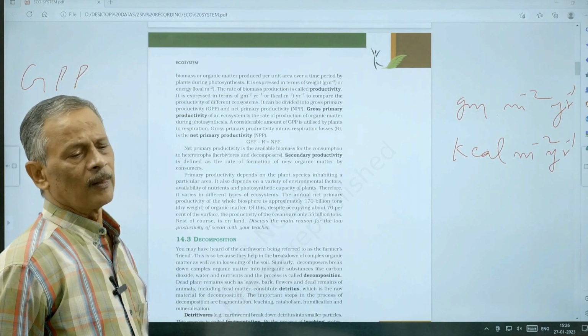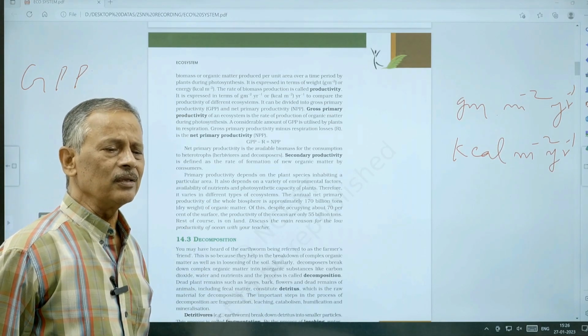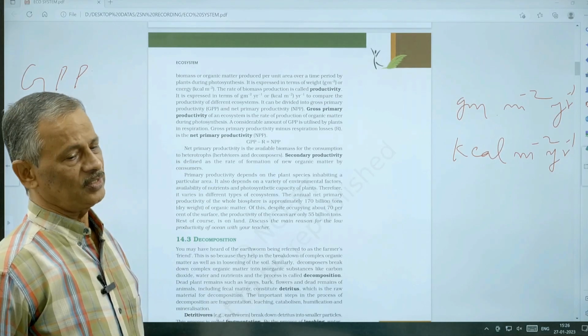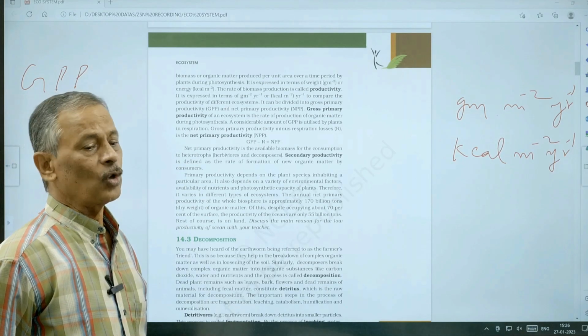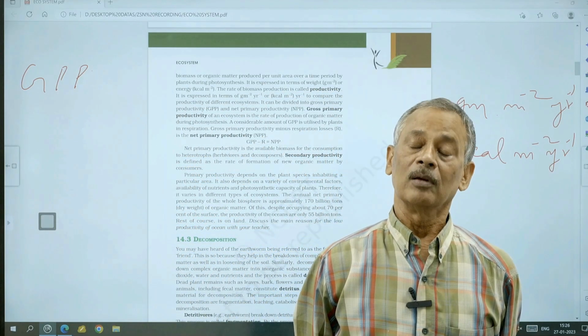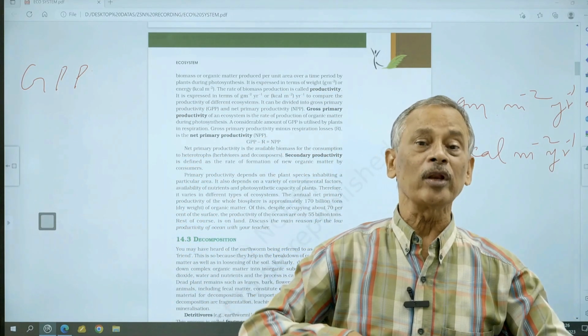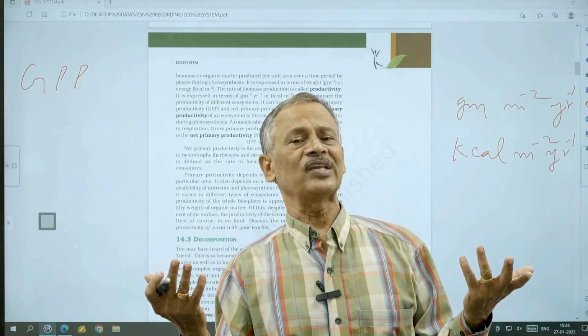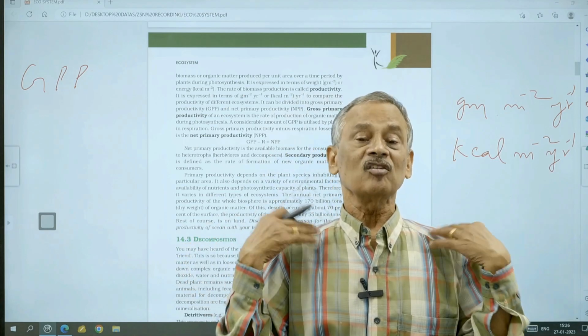Of this, the plants will be utilizing a considerable amount of energy for their own activities. Simply I can say, what is my total salary?